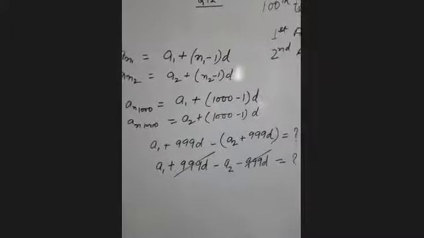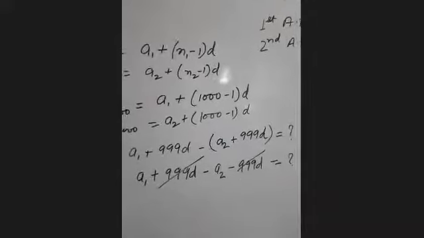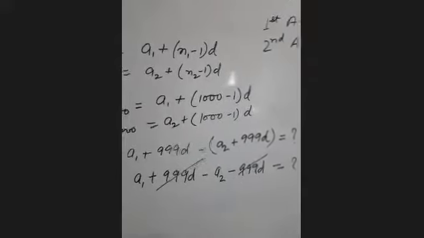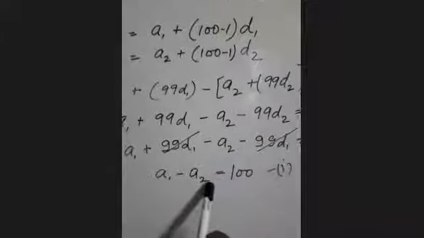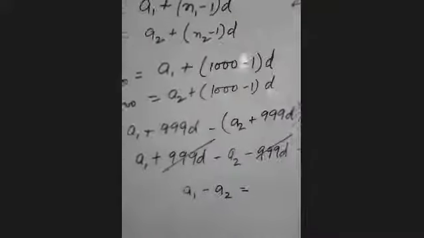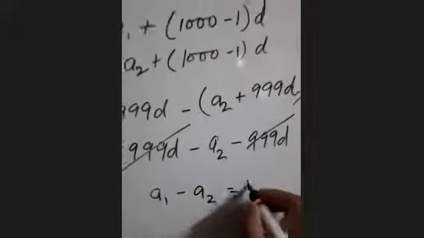Okay, good. So now that 999D plus and minus got subtracted, and now we have A1 minus A2. We have the value of A1 minus A2 as 100 in equation number 1. So I am putting the same value here, A1 minus A2 from equation number 1, and the answer is 100.